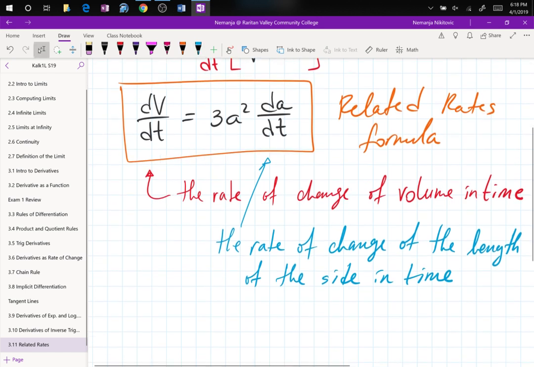And it has units of length over time. So inches per minute, inches per hour, right? So that's the way we know what these values are when we read the word problem. The volume is decreasing at the rate of 1.3 cubic inches per minute. Oh, great. That's dV/dt because I have inches cubed per minute.